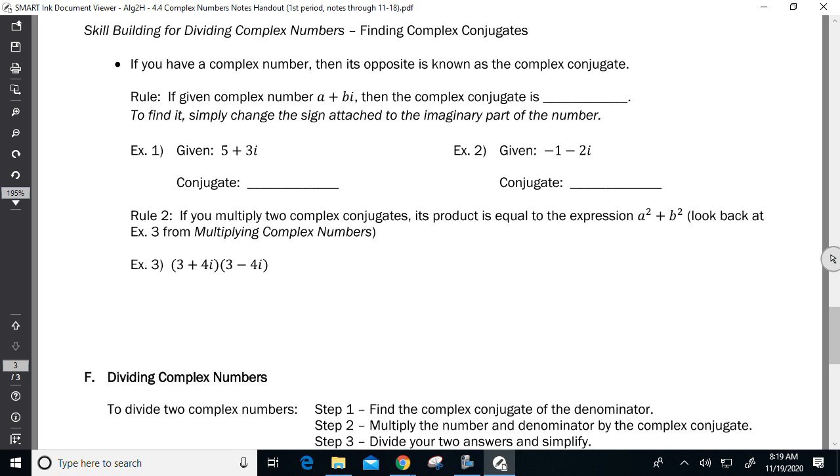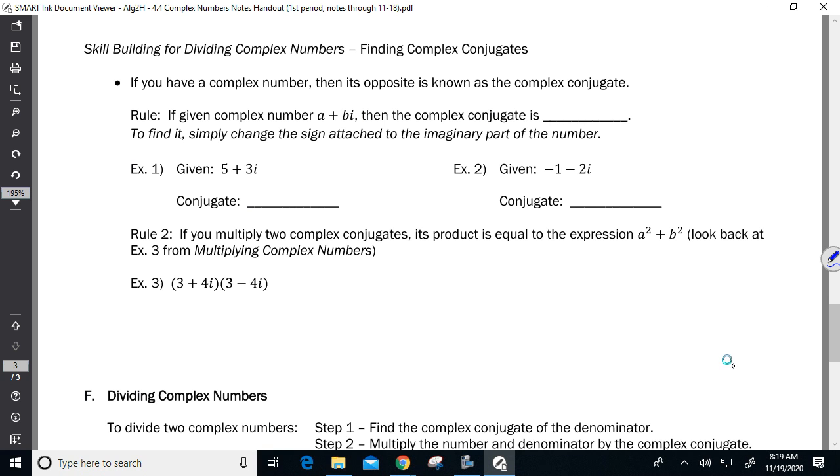With dividing, there is one thing that we need first, and that's the idea of a complex conjugate. A complex conjugate is simply the opposite of a complex number. That's all it pretty much is. If you have a plus bi, then the complex conjugate is a minus bi.